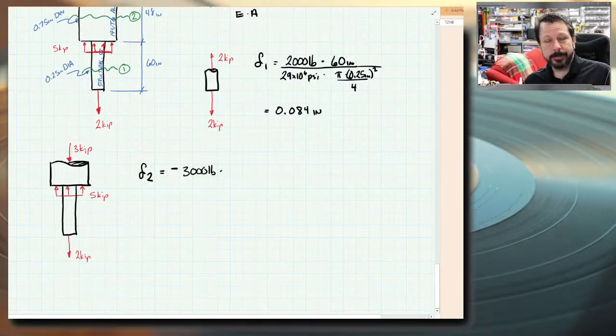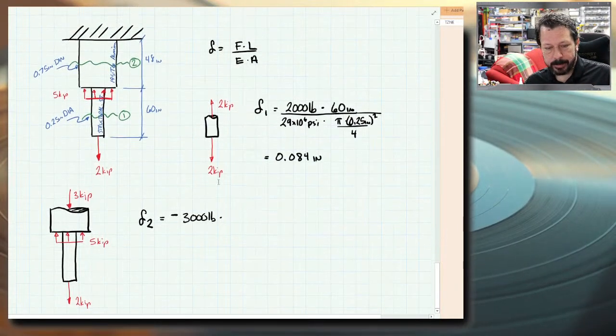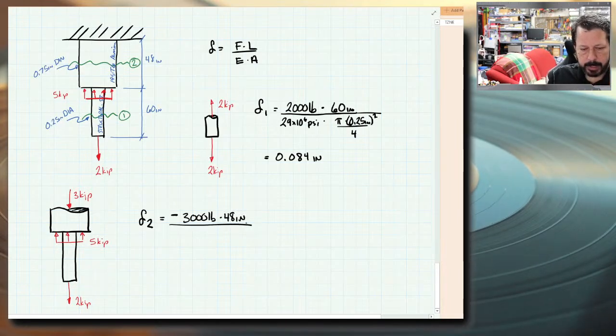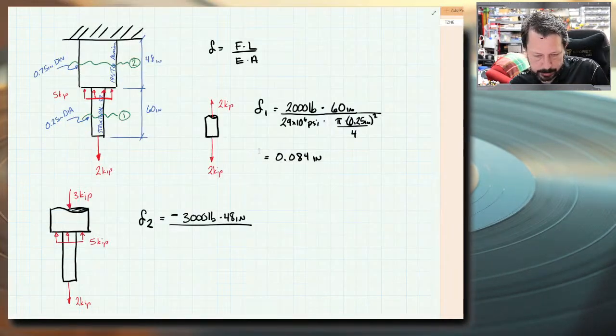The length of just section 2, not the free body diagram, is 48 inches. The modulus of elasticity of section 2, that 195 T6 aluminum, I don't know that one offhand.